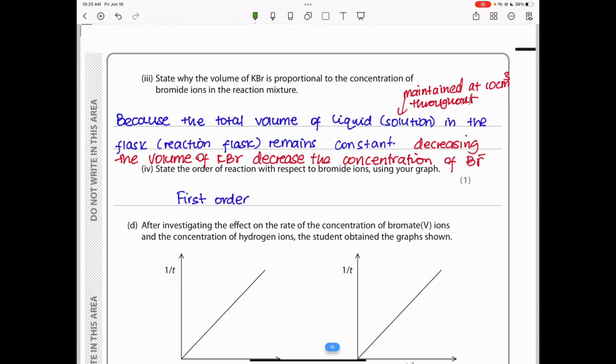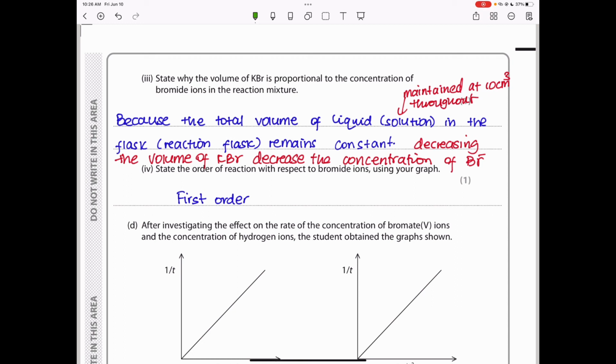It says, state why the volume of potassium bromide is proportional to the concentration of bromide ions in the reaction mixture. So here, what we have to know is the total volume of this solution in the reaction flask has to remain constant. It has to be maintained at 10 centimeters cubed.